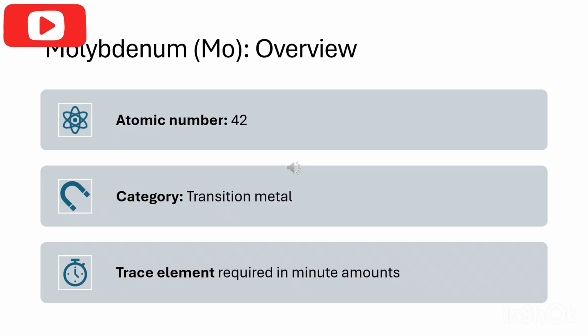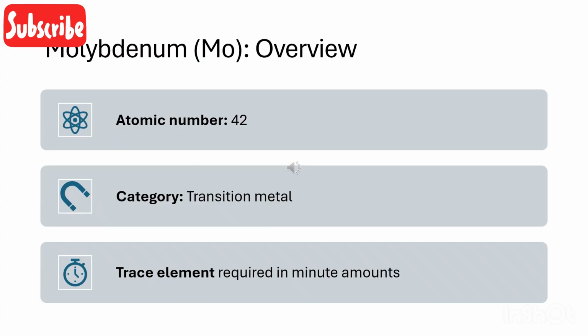Next, we have molybdenum. Let's talk about molybdenum a little bit. Molybdenum is a trace element with atomic number 42, though required only in minute quantities. It performs vital biochemical roles, and it is a transition metal that serves as a component of certain enzymes necessary for detoxification and energy production.